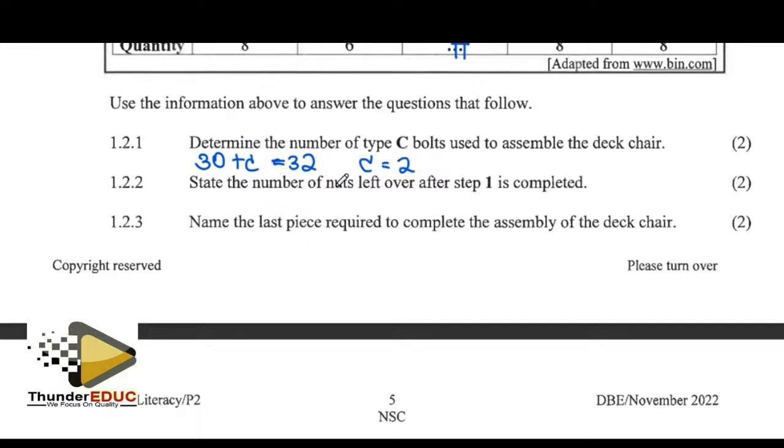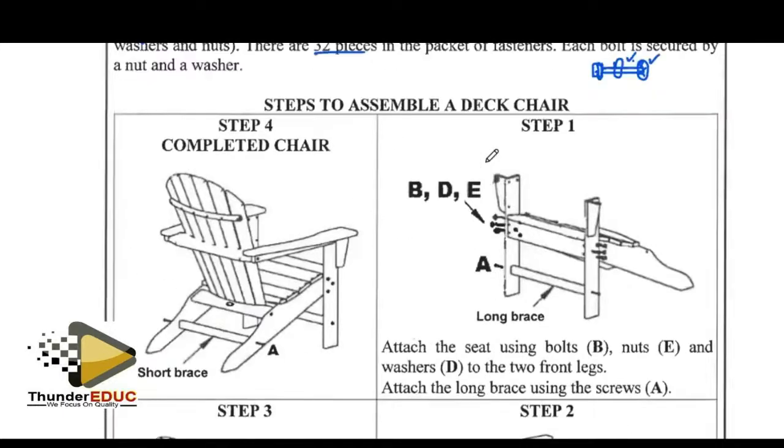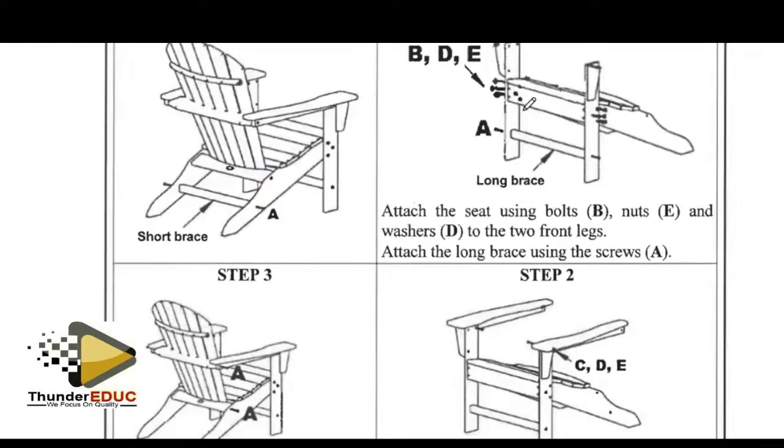All right, state the number of nuts left over after step 1 is complete. Step 1, what does it need? Step number 1 needs attach the seat using bolt B, nut E, and washer D to the 2 legs.